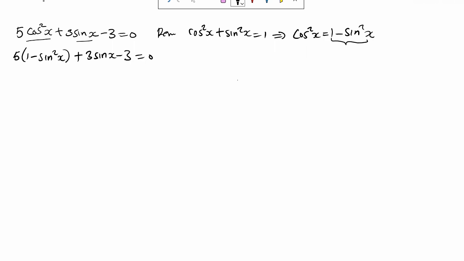And if I open the brackets, I shall have 5 minus 5 sin squared x added to 3 sin x, subtract 3 equals 0. And I shall collect like terms. I shall take 5 minus 3 here, I shall get positive 2.